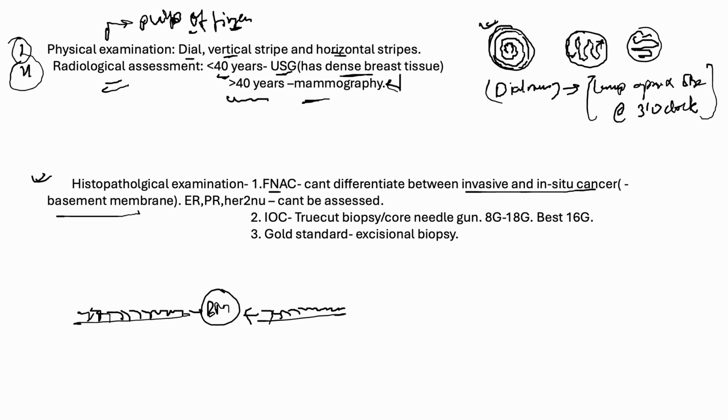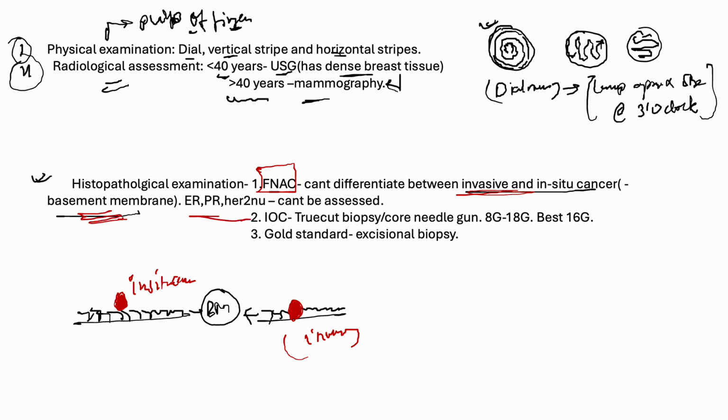Now if this is the cancer, and it is not breaching the basement membrane, then it is an in situ cancer. And if it breaches the basement membrane, then it is an invasive cancer, right? However, FNAC can't rule out invasive versus in situ cancer, because the basement membrane can't be assessed.